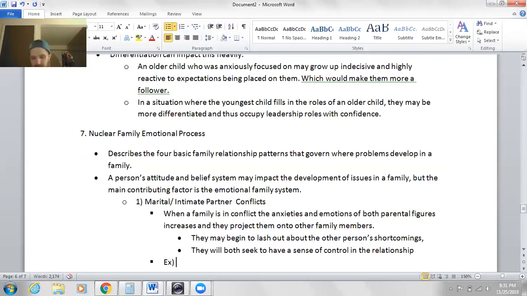So an example here, a child is underperforming in school and both parents are upset.